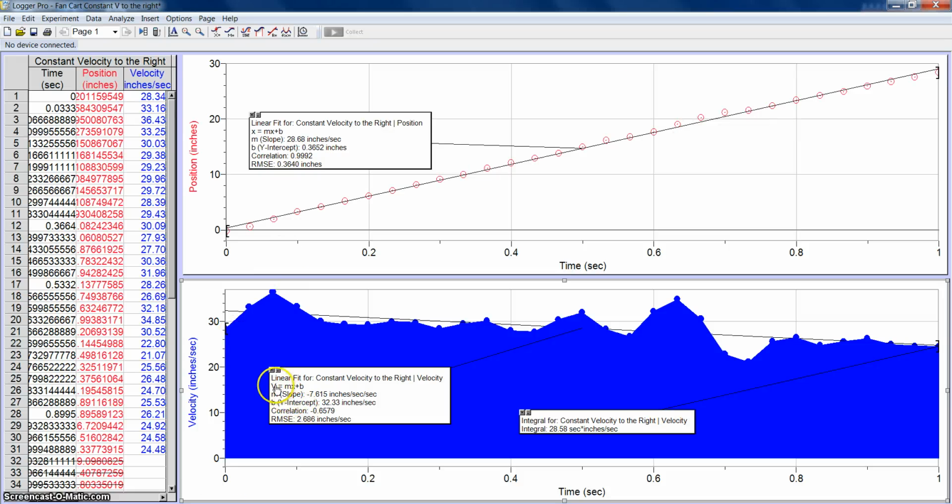And for our velocity graph, this is just our slope, or our acceleration, times our time, and our y-intercept, which is our initial velocity, and it would give us a velocity at any time between these 2 points. And this all represents the motion of a cart with a constant velocity moving to the right, or in a positive direction. And that's it.